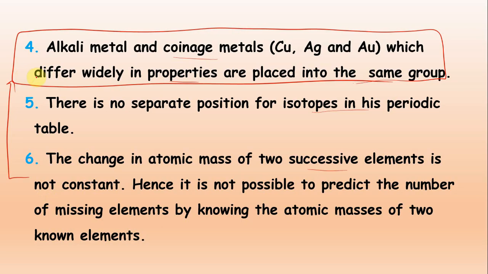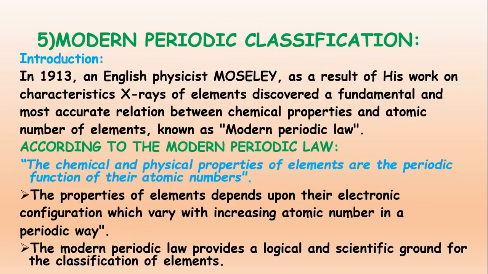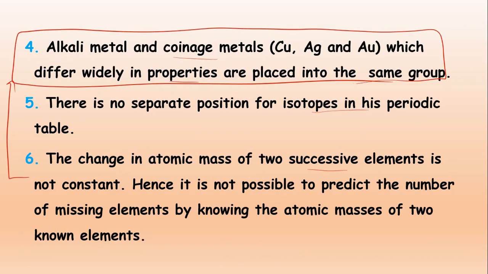And there was also another demerit: look here at the alkali metals and coinage metals, they differ widely in their properties, but in other cases some elements having similar properties were placed in different groups. So these were the demerits of Mendeleev's periodic table.